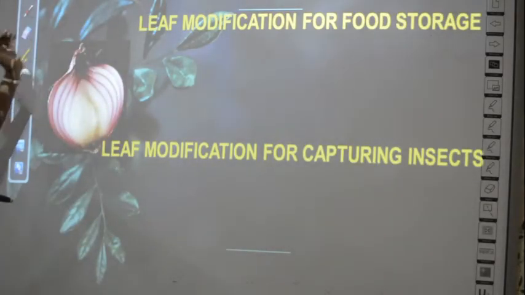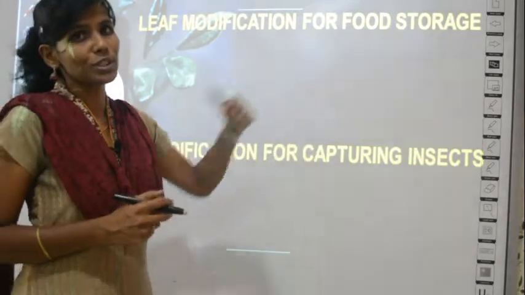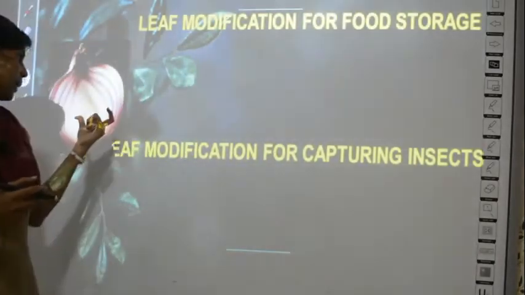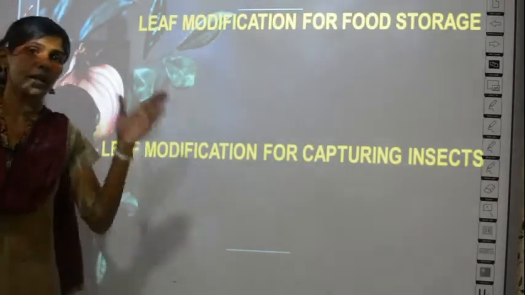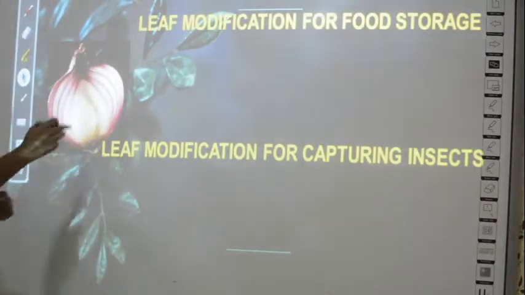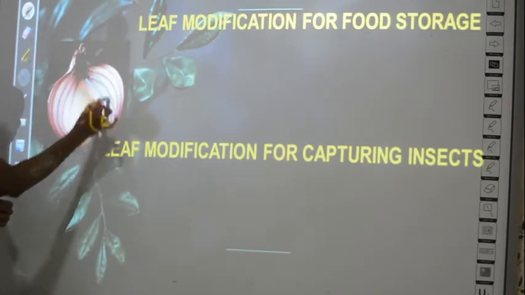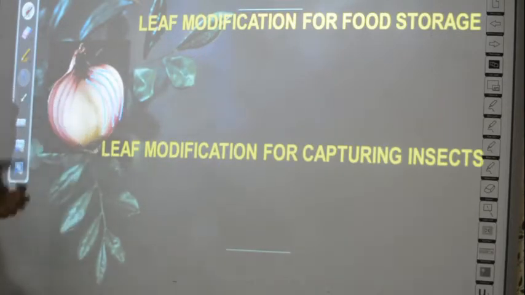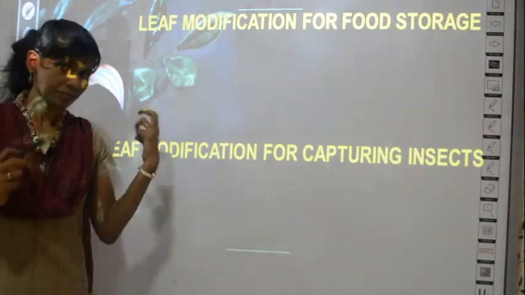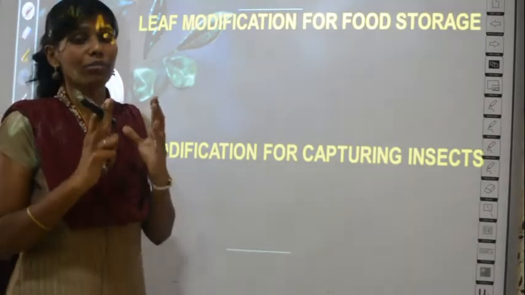So the third use is that the modification of leaves helps in food storage. Again onion is the example. I told you only the outer covering is the modified leaf, and the inner layers of the onion, see here there are many inner layers of the onion. So all these layers store the food. Almost all underground plants are helpful in storing.